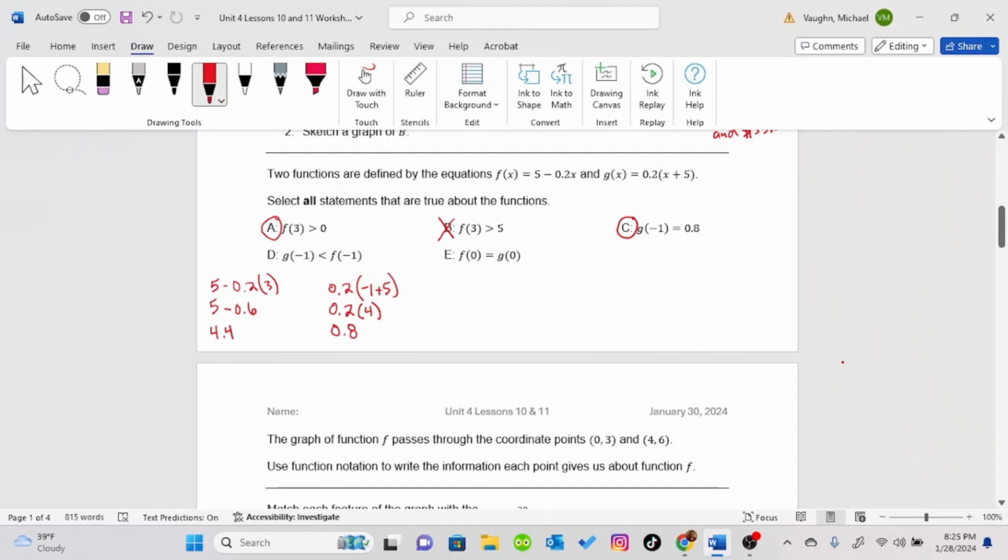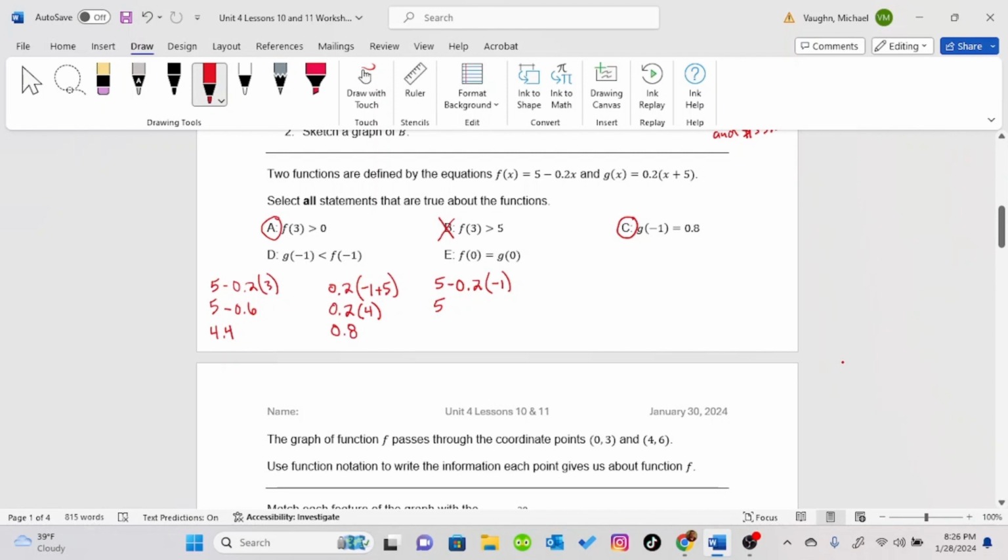D says g of negative 1 is less than f of negative 1. We already know g of negative 1 equals 0.8, but we need to find f of negative 1. So we're going to substitute negative 1 in for x. We have 5 minus 0.2 times negative 1.